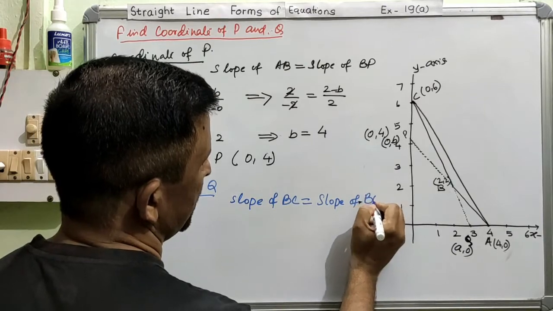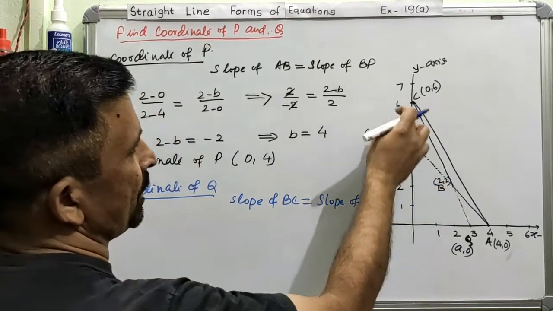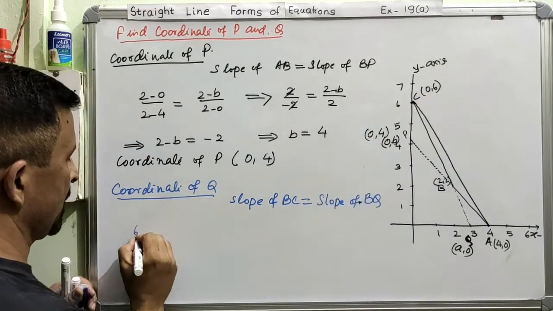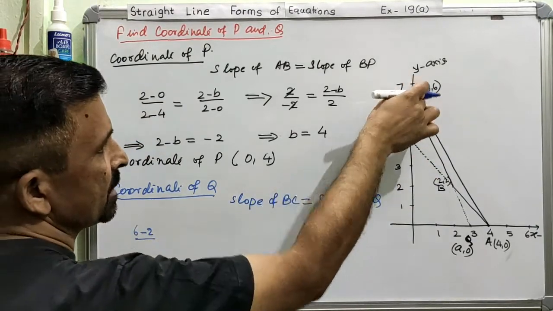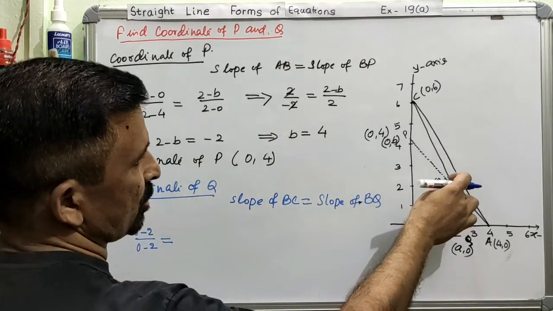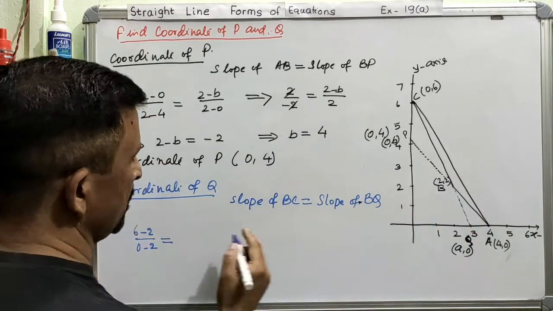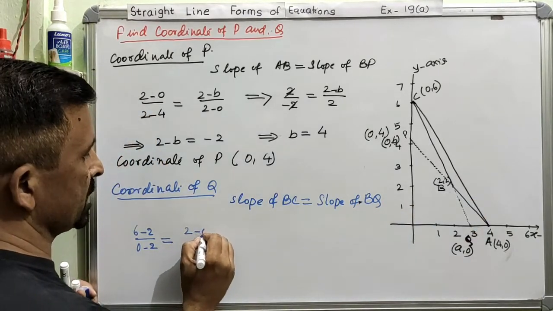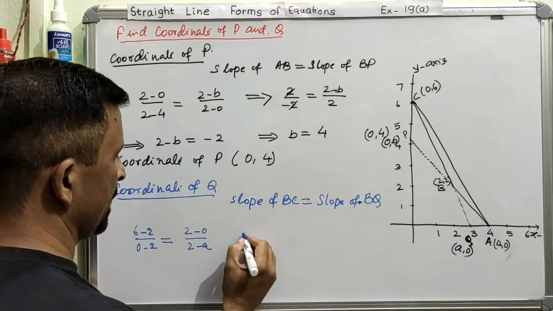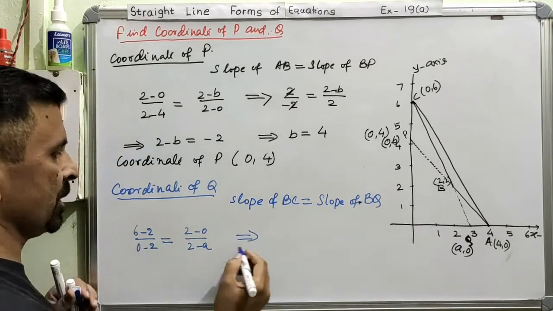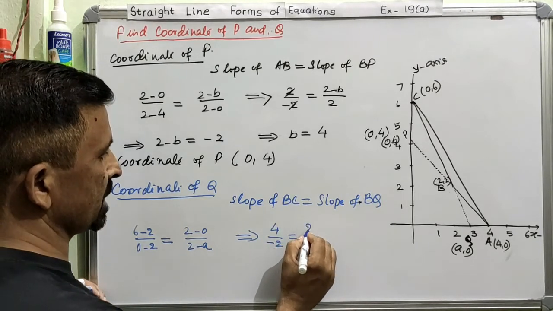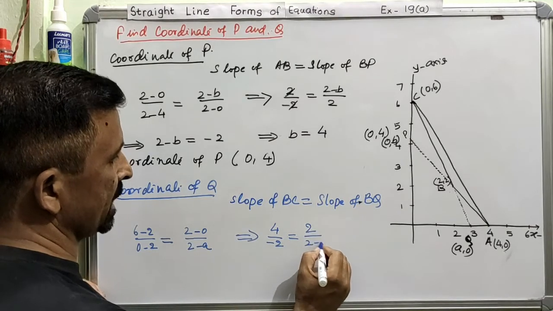Now write the slope of BC: 6 minus 2 divided by 0 minus 2. The right-hand side, slope of BQ, is 2 minus 0 divided by 2 minus a. Now simplify. 6 minus 2 is 4, divided by minus 2 is minus 2, equal to 2 over 2 minus a.